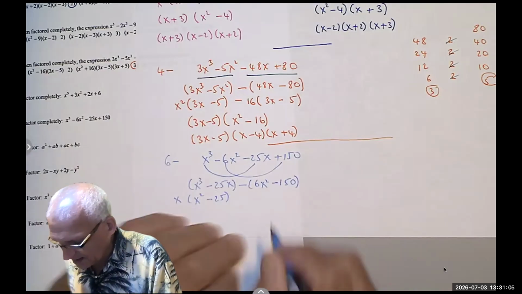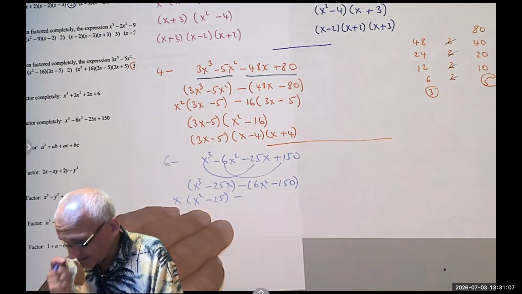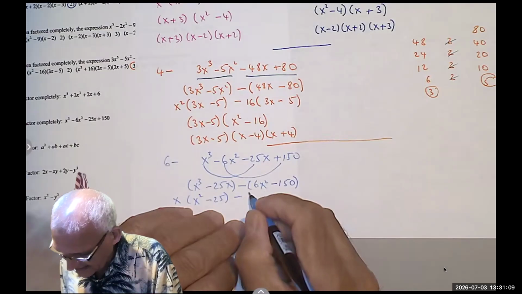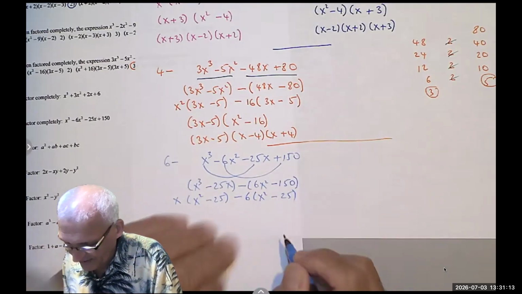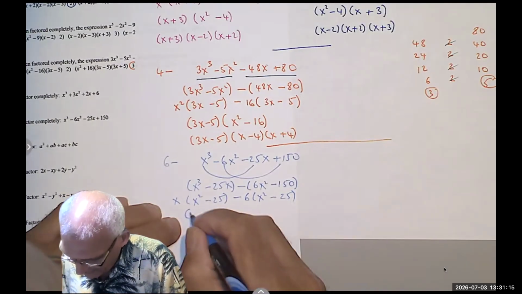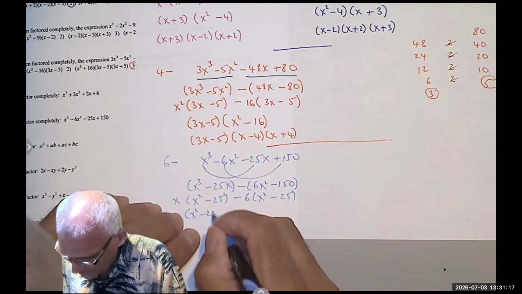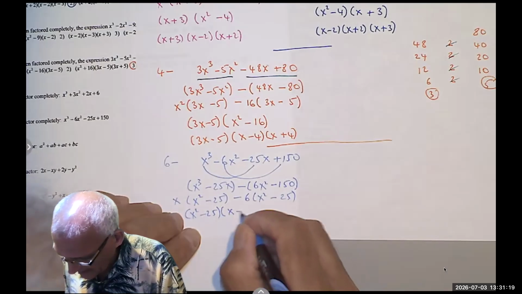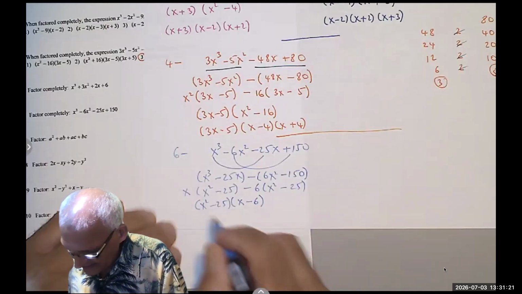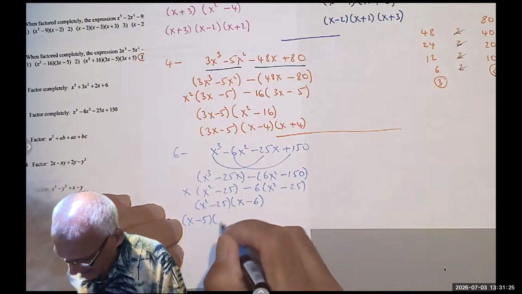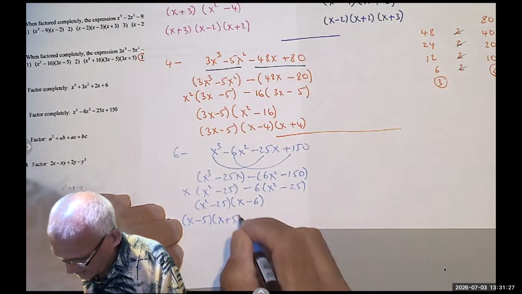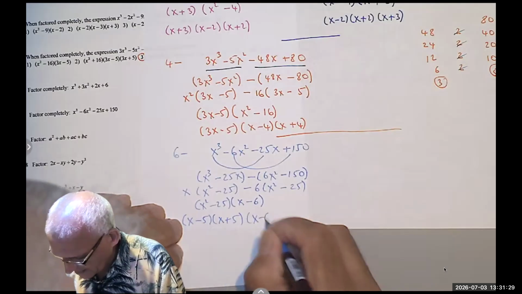Notice it, difference of 2 squares. Here I can take the 6 out. That will give me x squared, of course, minus 25. Next step, I factor out the x squared minus 25, and that leaves me with x minus 6. And lastly, I factor the x squared minus 25 as x minus 5 times x plus 5, x minus 6.